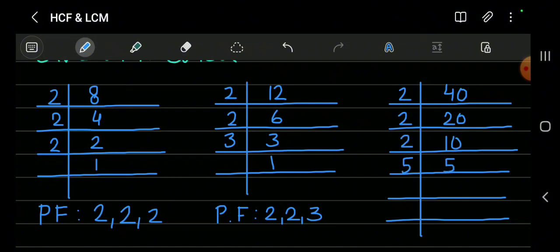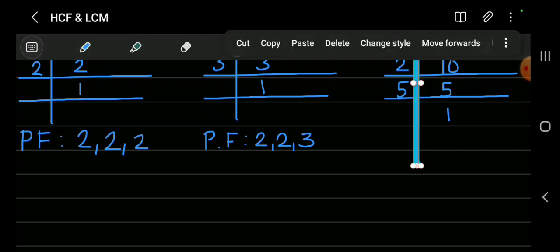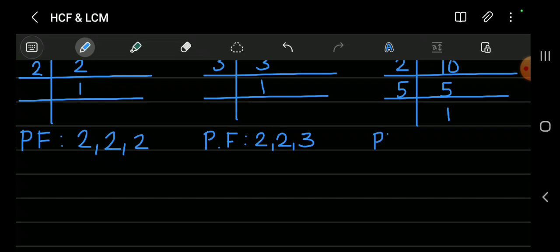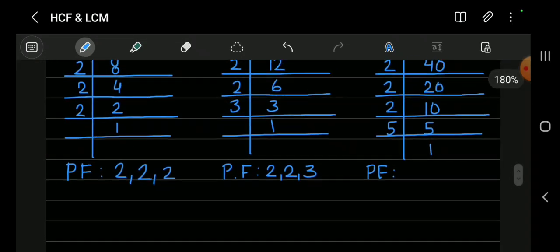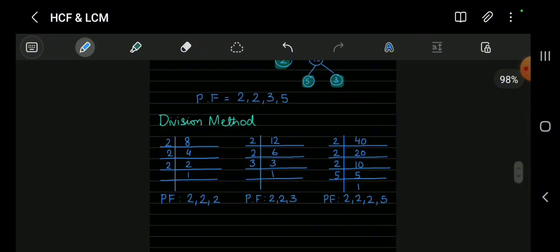And 5 1s are 5. So here by the prime factorization method, the prime factors you get are the same as you get in the tree method as well. So your prime factors are 2, 3 times, and 5. Okay, this is your repeated division method for 40.